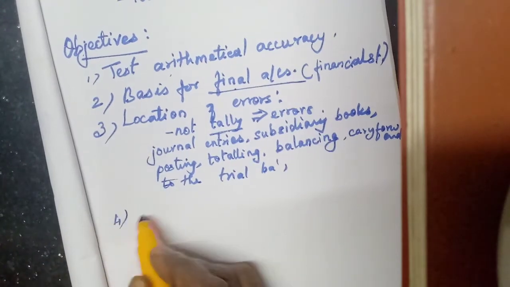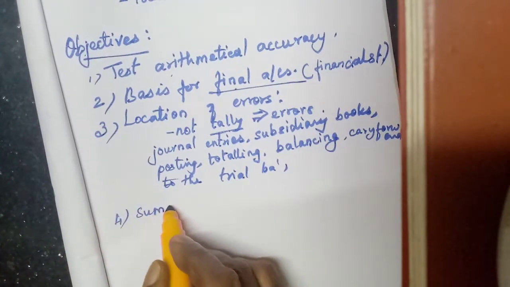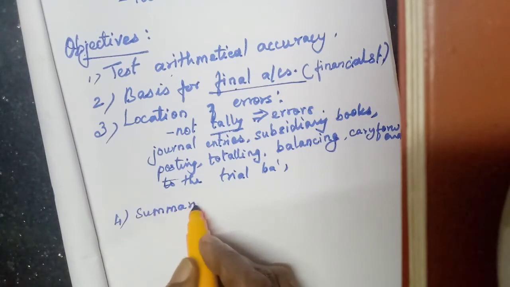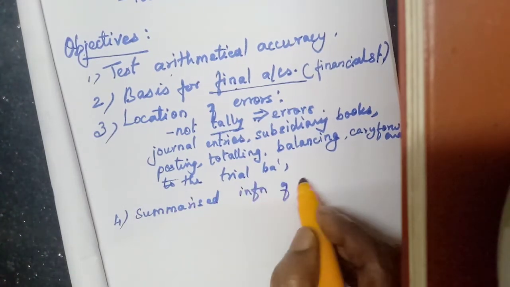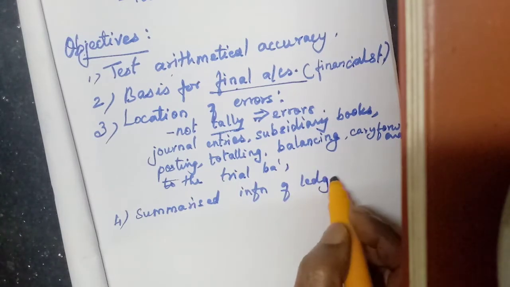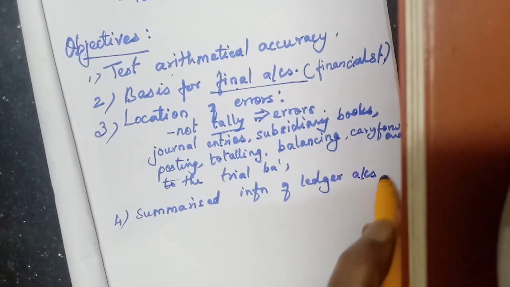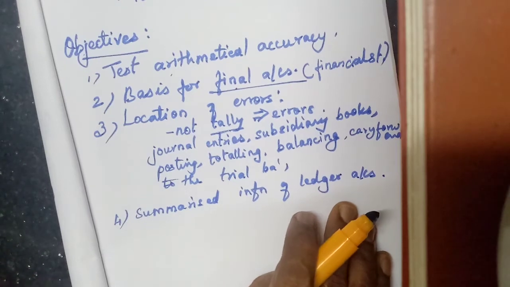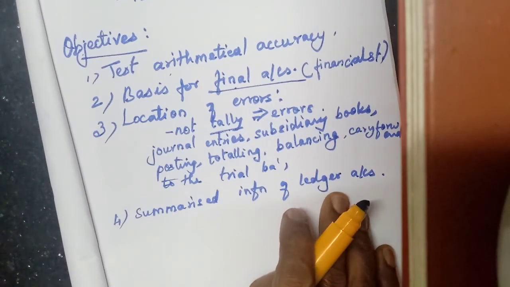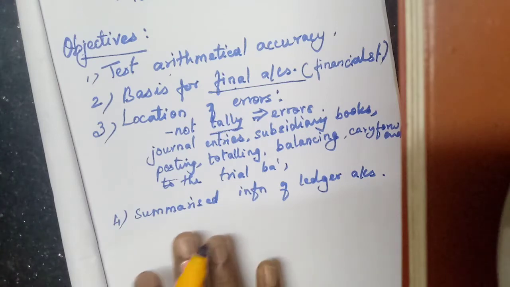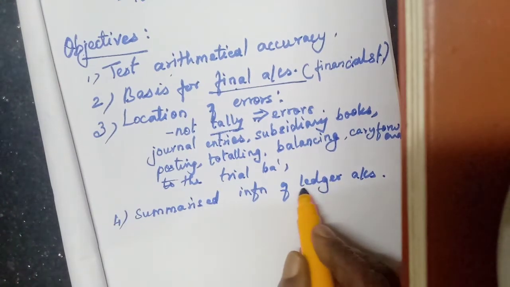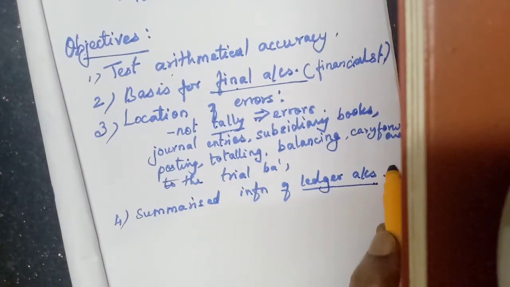Then summarized information of ledger accounts. Here we can see only the balance of ledger accounts, isn't it? That means not all the amounts are shown, just the total of debit and total of credit. If we take a particular ledger account, we can see that summarized information. All the ledger accounts will be given in one place.